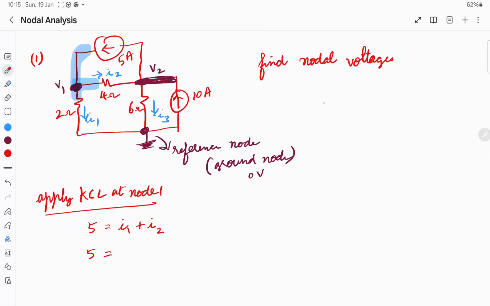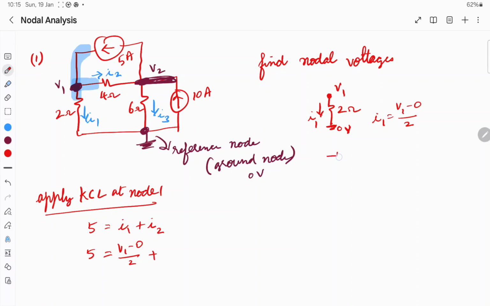Let me draw it separately. The potential at the top is V1, and at the bottom is 0 volt, the ground reference node. The current flows from top to bottom, which is I1, so I1 is V1 minus 0, divided by 2.